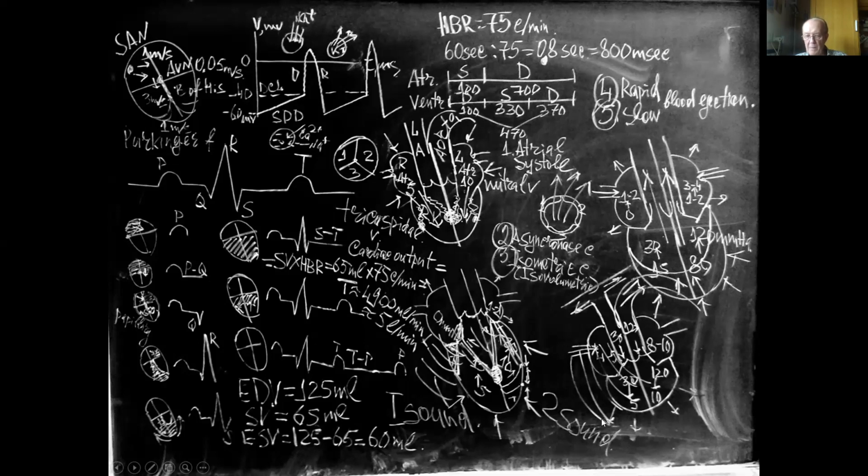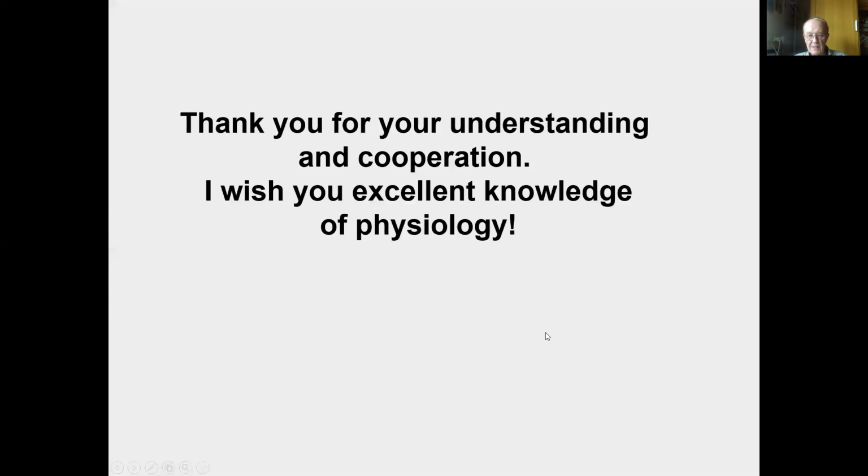And the second sound depends on the closure of the semilunar valves. Then the blood will move from the atria into the ventricles, and the volume of the ventricles will increase and will start the next cardiac cycle.